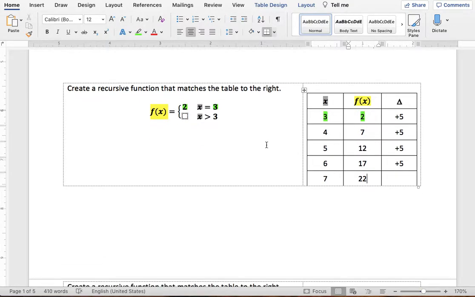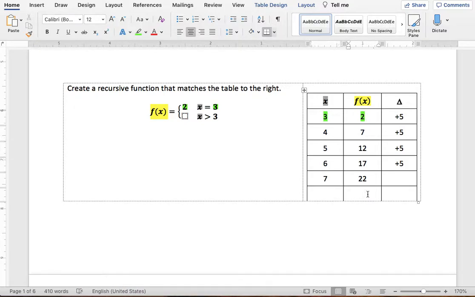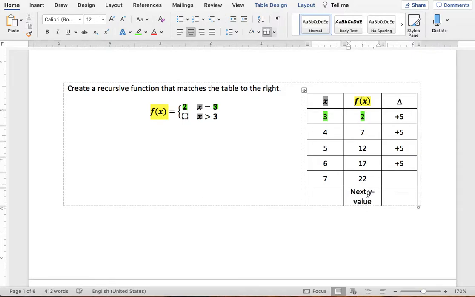All right, so looking at this, I could tell the pattern for these values right here is just plus 5, plus 5, plus 5, plus 5. And I can also tell that by looking at my change column over here. So if I was thinking about how I would find my next y value, the way I would find my next y value is I'll just take the previous y value and I'll be adding 5 to it.